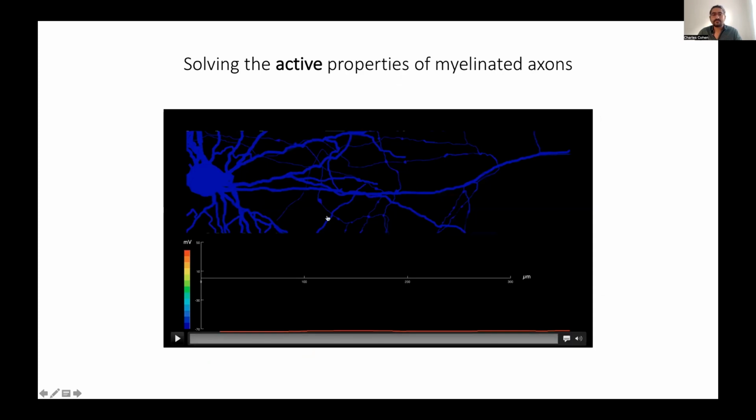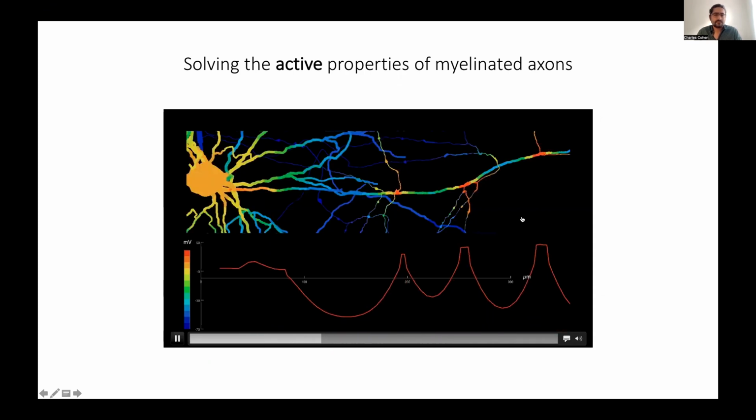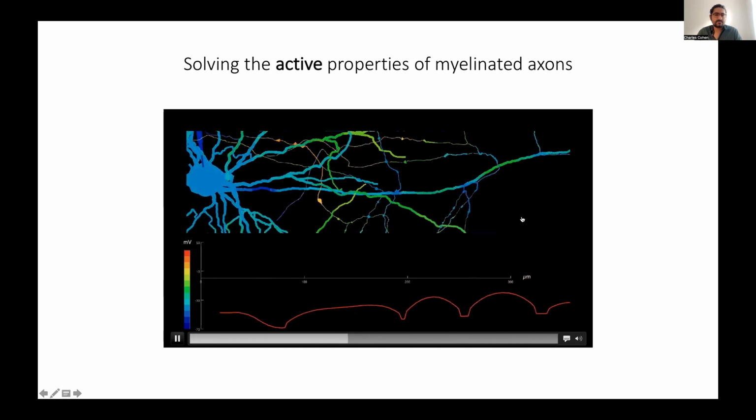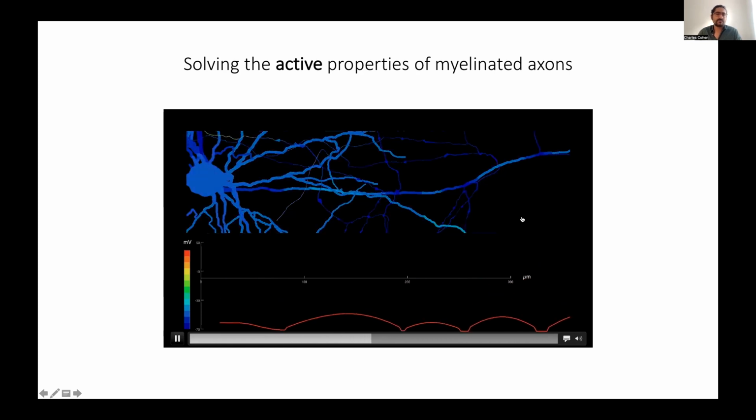So this is what voltage propagation looks like over the active axonal tree. And here we're not only dealing with the myelinated axon, which you see here, but also the entirety of the tree, the soma, as well as a number of dendritic processes here next to the soma.